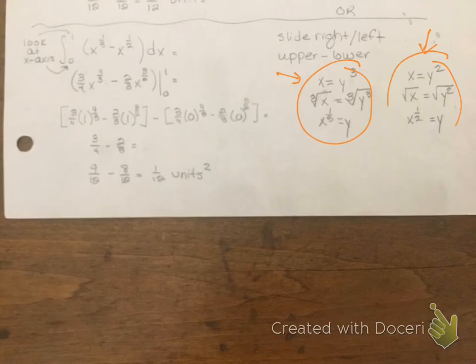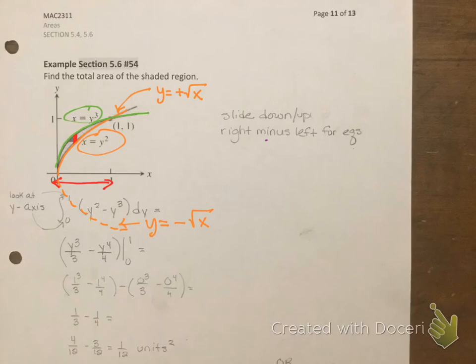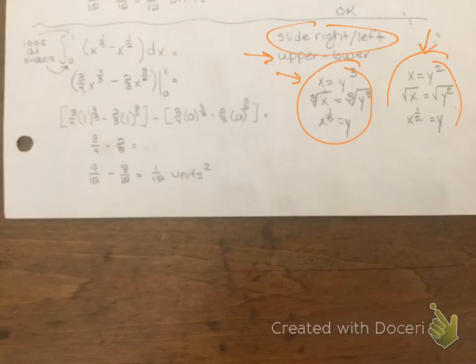So again, I was sliding right to left. I need to subtract upper minus lower. So if you go back and look one more time, upper is your green one. It's the y equals x to the 1/3. So upper, y equals x to the 1/3 minus lower. Lower was my orange one. Y equals x to the 1/2.